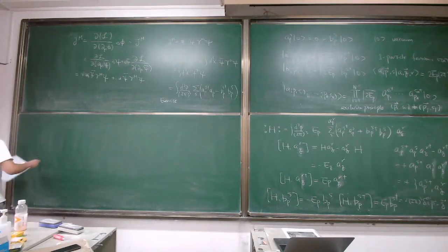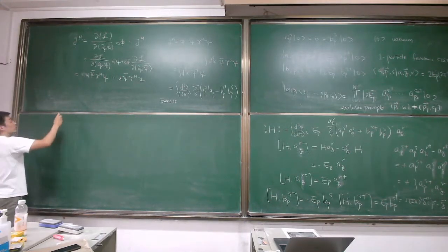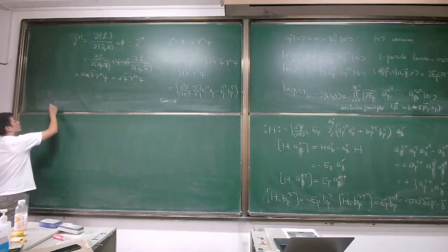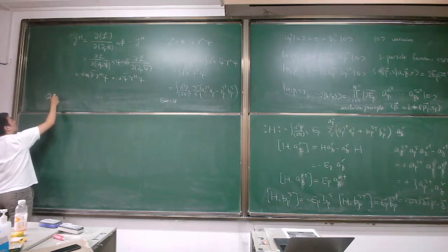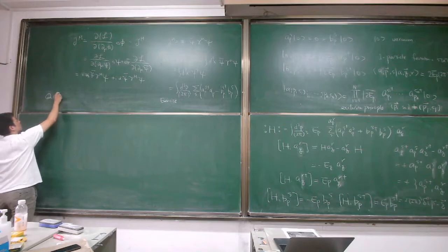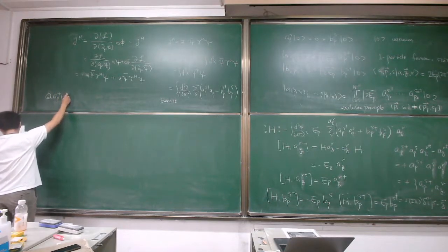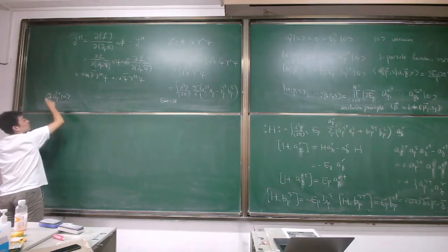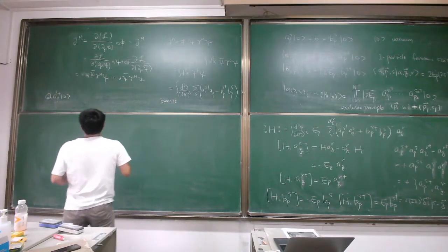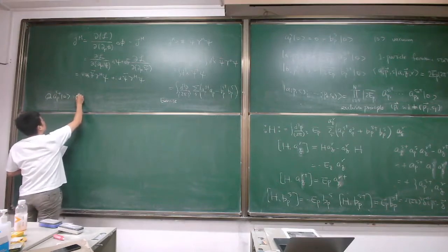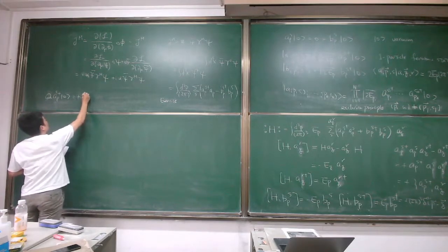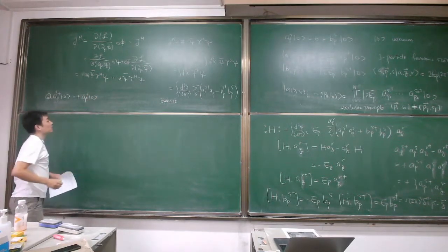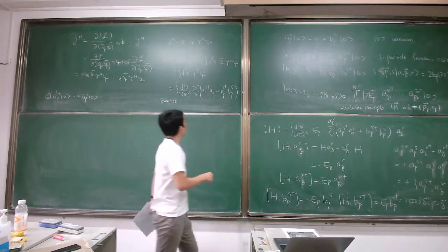So therefore, if you have this Noether charge Q for your transformation, Q acts on a_p dagger |0>, and this is equal to plus a_p dagger |0>, for the same reason as before.